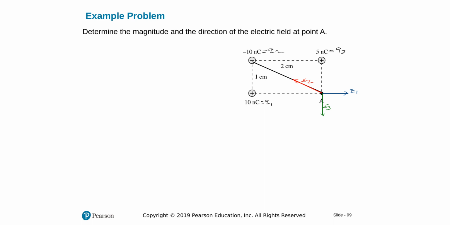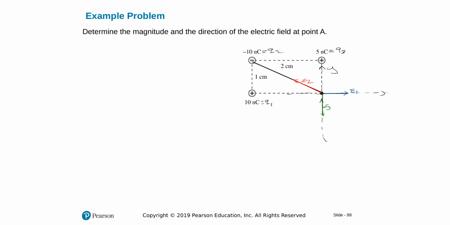We're gonna set up XY coordinates right in here. The point of interest will be the origin, so I'm gonna set up Y such that this is the Y coordinate and X will be along E1 here.